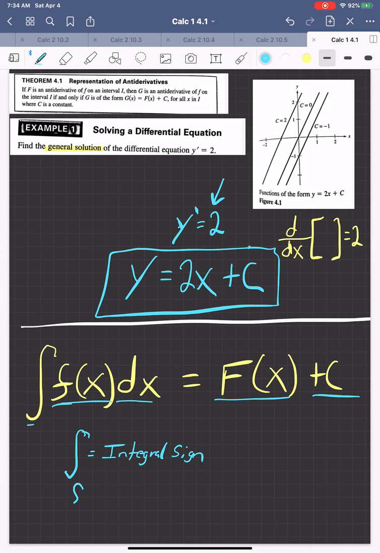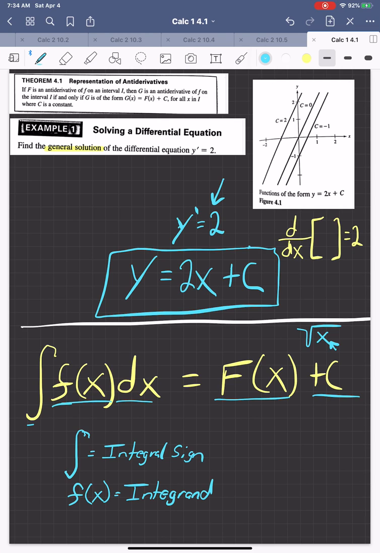The lowercase f of x, that is the derivative, but we call it the integrand because that's what's inside the integral. Just like when you have the square root of x, the x is the radicand, and the radical is the square root.